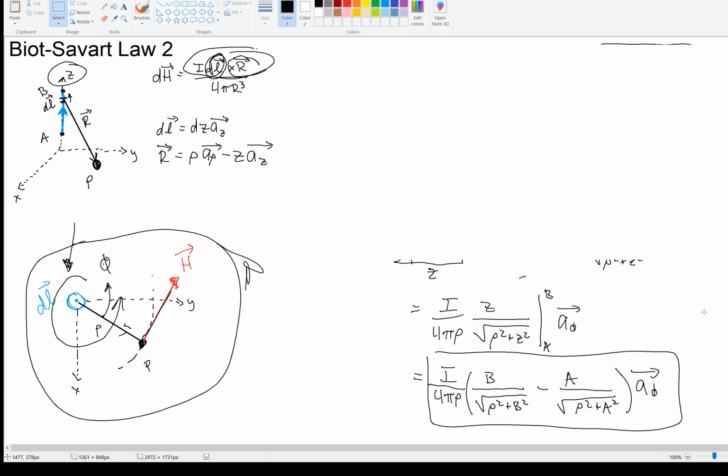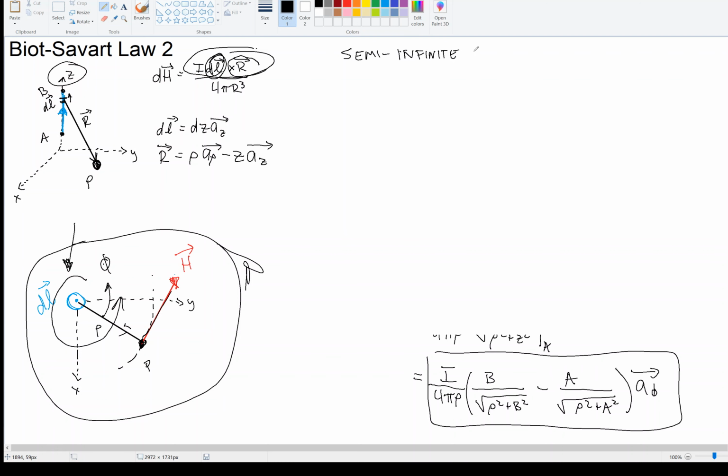Okay, now I just want to talk about some specific cases with our result. Here's our result of the short wire. Now if we had a semi-infinite conductor, let's say A is 0 and B goes to infinity.